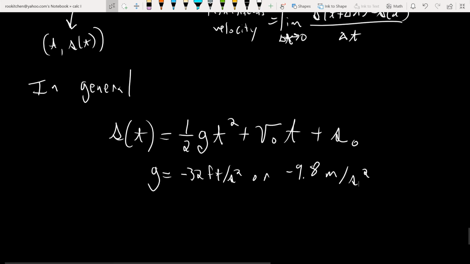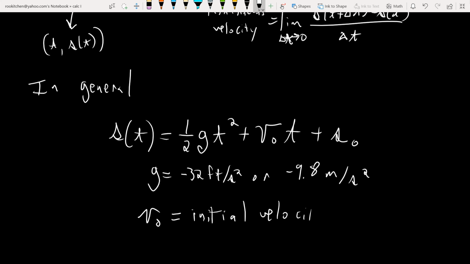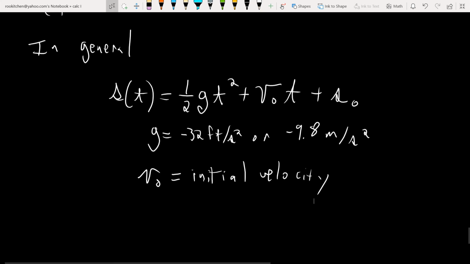It's been 20 years since I took physics, so I apologize if I got those wrong. v sub 0 is the initial velocity, how fast it's going when you shoot it out of your gun or drop it off a cliff or whatever. s sub 0 is the initial position.